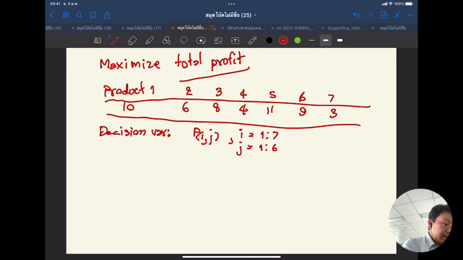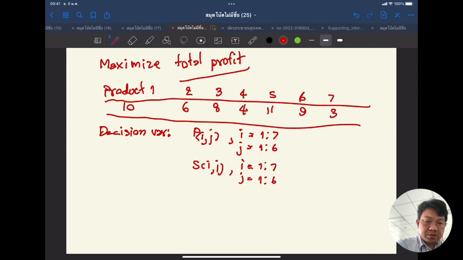So what else? We have variables of Sij, where Sij represents the product, I from 1 to 7, product 1 to product 7, that we sell in each month, with J from 1 to 6.